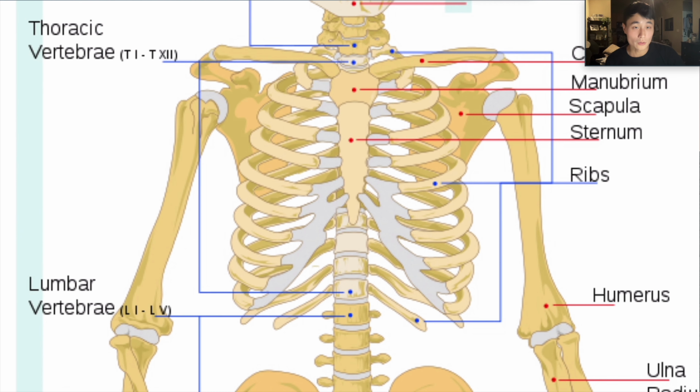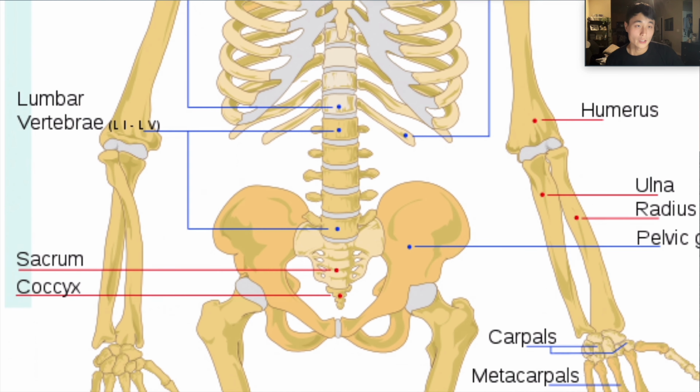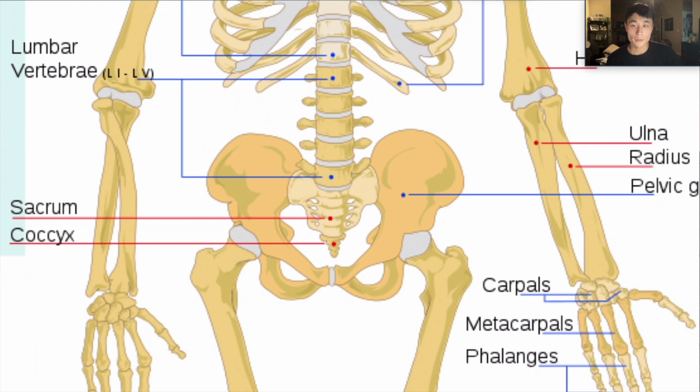Next, if you go down the humerus, there are going to be two separate bones of the forearm, which are going to be radius right here and ulna right here. So the way to remember it is that radius is located on the thumb side of your arm versus ulna is located on the pinky side.